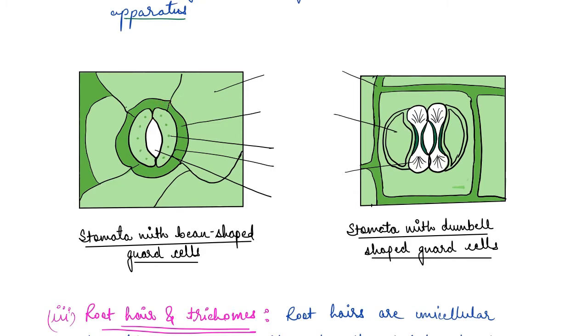So I'll just write what exactly these parts are. I'll label this diagram. So basically, these are the epidermal cells because stomata are again present on the epidermal layer of the plant body, right? So these are epidermal cells, right? These, as we know, are subsidiary cells.